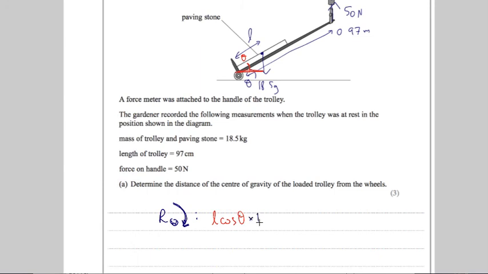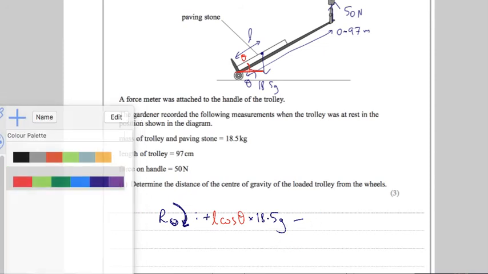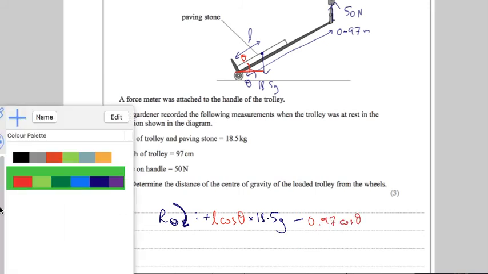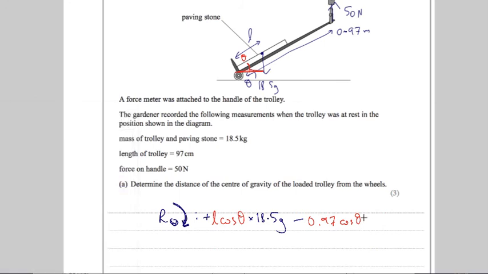multiplied by 18.5 G, and that is acting clockwise, so that is definitely positive. And then anti-clockwise, so gaining a minus sign, in exactly the same way, the length is 0.97, so it's going to be 0.97 cos theta multiplied by 50.